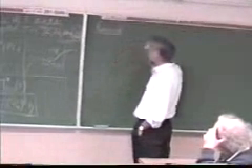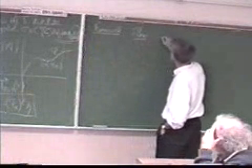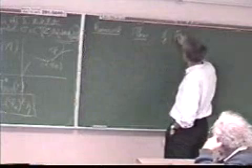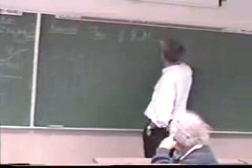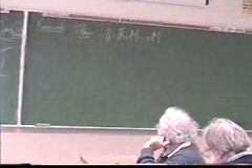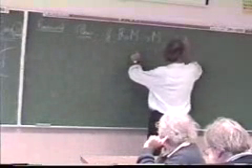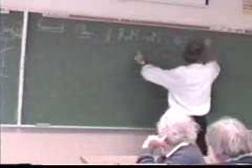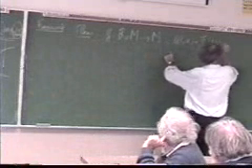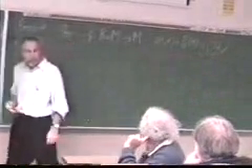Now, what is the framework? The framework is we want a flow. The best way to think about the flow is as a map F, which goes from R cross the manifold to the manifold. This map has a graph. This map is just f of t and x, the flow applied at time t to the point x. I will denote by v sub x the tangent vector field to the flow, the vector field that defines the flow.